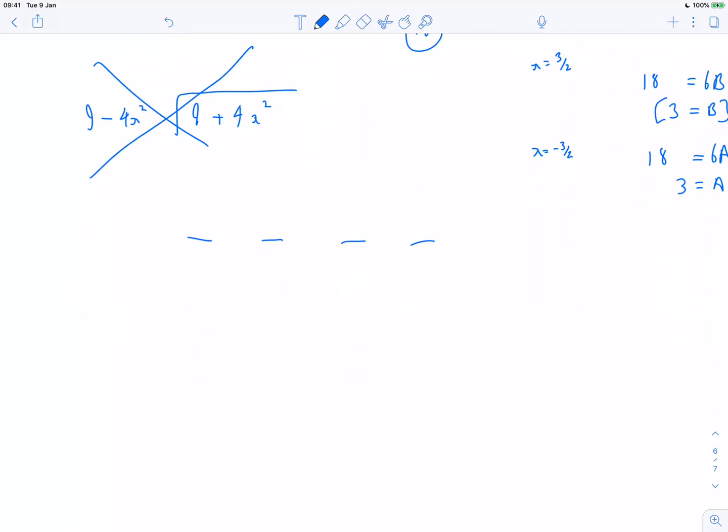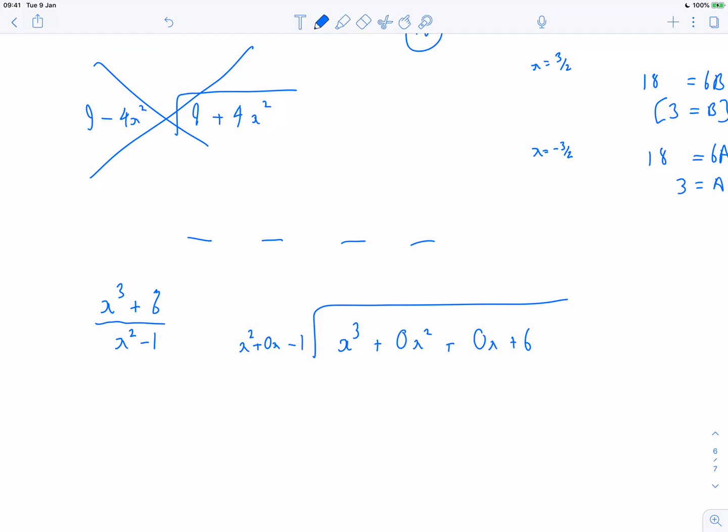So say, for example, I wanted x cubed plus 6 divided by x squared minus 1, then I would have to do x cubed plus no x squareds plus no x's plus 6, divided by x squared plus no x's minus 1. And now you can do it, right? You just have to do it that way.